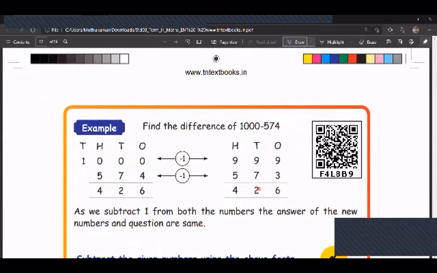Now subtract, 426. So here also 426. Instead of doing it with borrowing and complicated subtraction, we can do it in very simple subtraction. As we subtract 1 from both the numbers, the answer of the new numbers and the questions are the same.